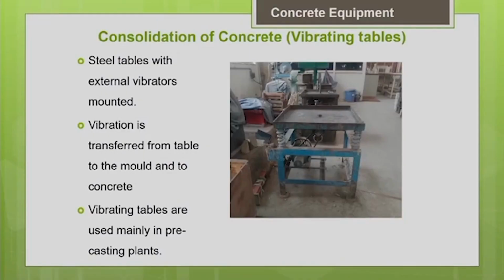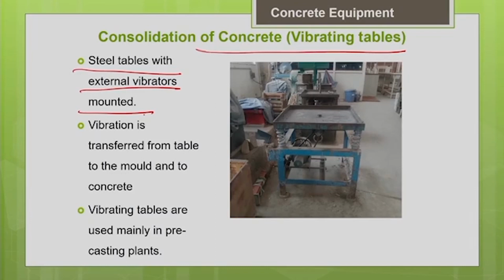And the next one is the use of vibrating tables for consolidation. Very commonly you could have seen these vibrating tables in the laboratories. In the concrete testing laboratories you can see these vibrating tables, and they are also commonly seen in factories like precast factories. Basically, these are steel tables with external vibrators mounted.